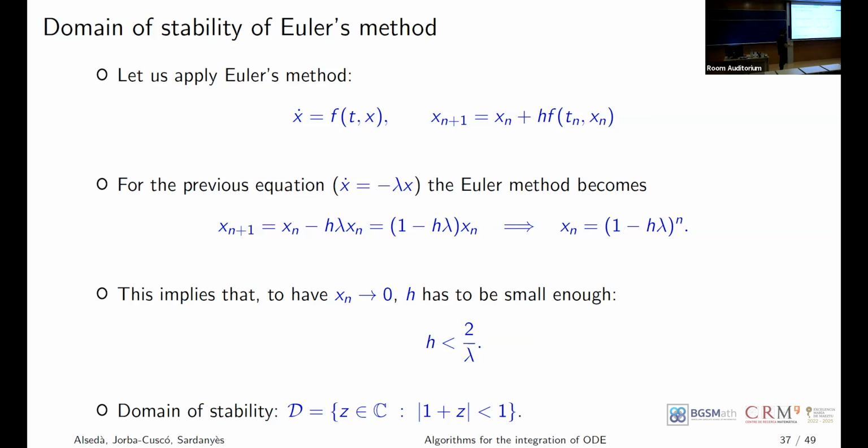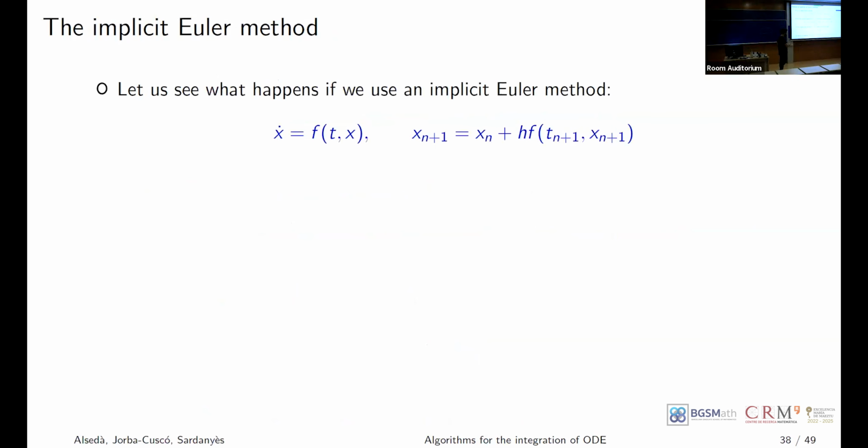Now, here I present the implicit Euler method, which is the only implicit method I am showing today. Basically, the difference here is that I want to predict x_{n+1}, and I have to evaluate the vector field at x_{n+1}. So I have to solve an equation. And that's the standard thing in implicit methods.